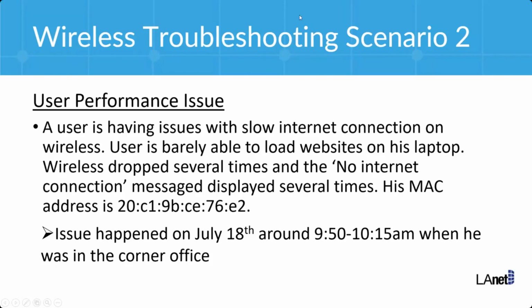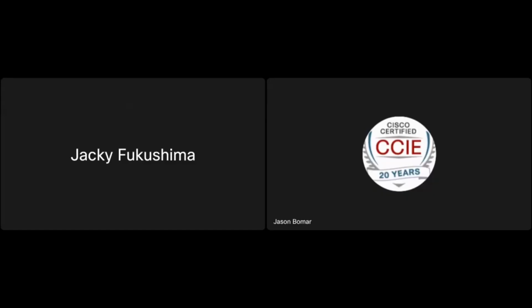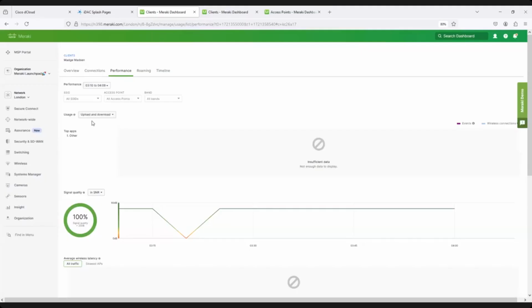So let's take a look at how we can use the Meraki dashboard to find out what may have caused this bad performance issue. Since we do have a specific user and a time frame, I think it's best to go directly to the client page and see if we see anything on the specific client.